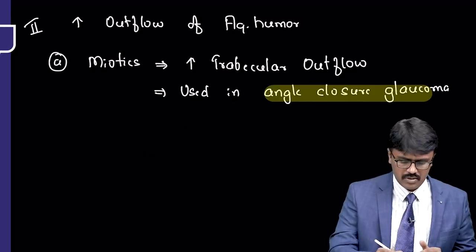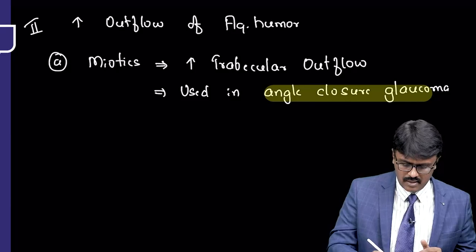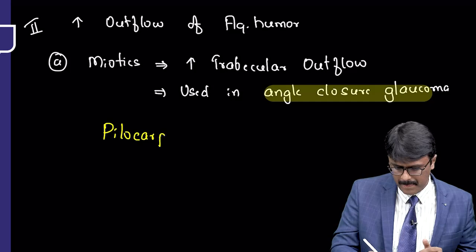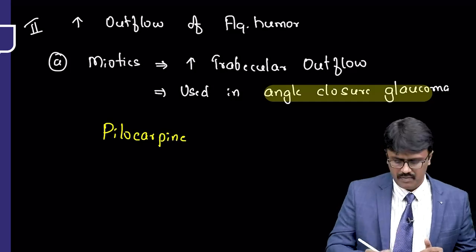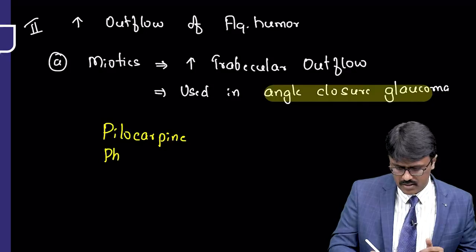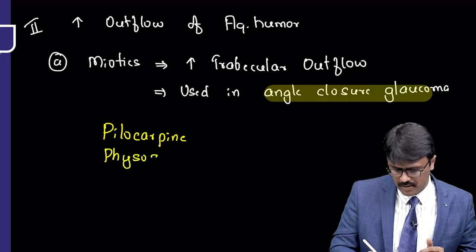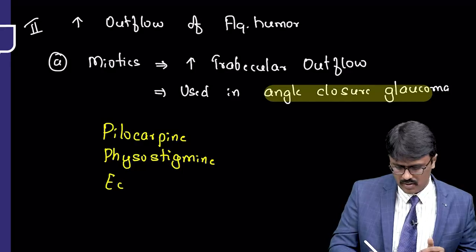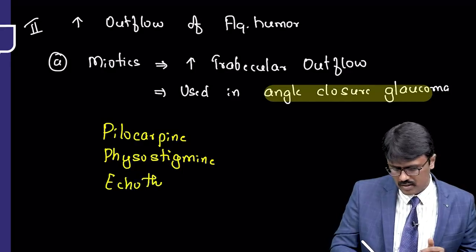So what are the miotic drugs we use? The drugs are pilocarpine. Then we use an anticholinesterase called physostigmine. And one more older drug called ecothiopate.